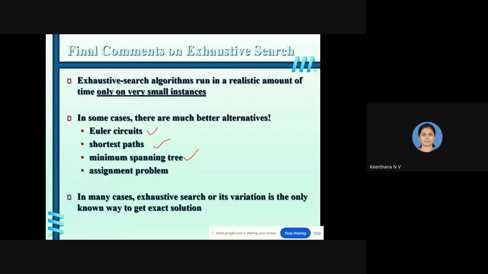Minimum spanning tree is followed by algorithms such as Dijkstra's, Kruskal's or Prim's algorithm. These are known as minimum spanning tree algorithms. In the assignment problem also you can apply exhaustive search. You can apply the same assignment problem technique on any other complex problem also.